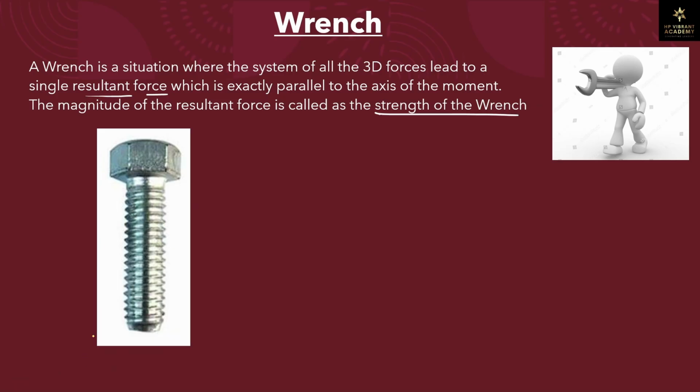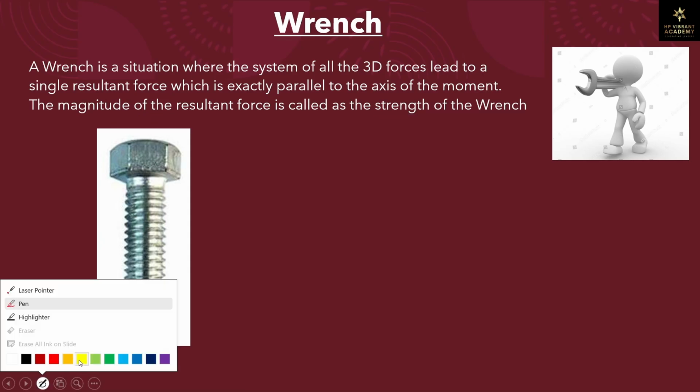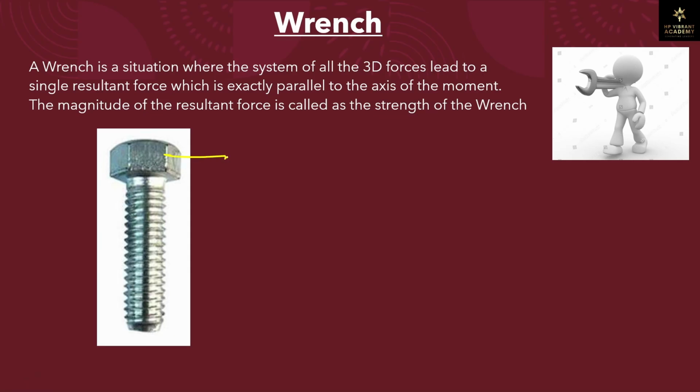So we have a case of a nut and bolt. This is the nut and this is the bolt. This nut rotates in this particular fashion. Let us say it moves in an anti-clockwise direction.